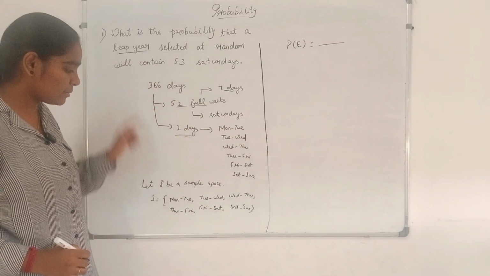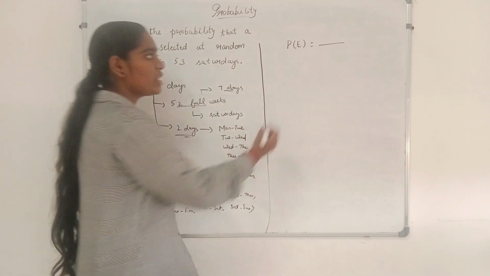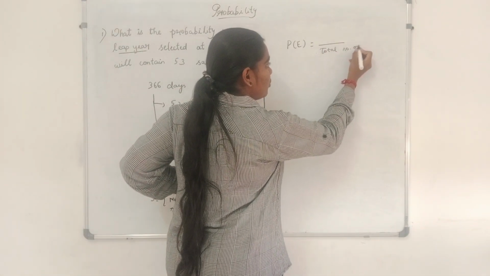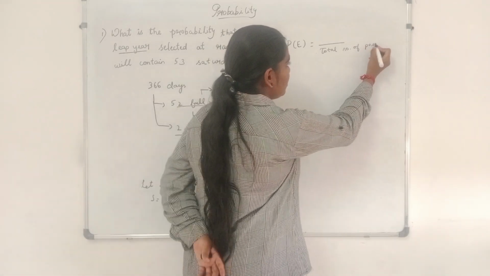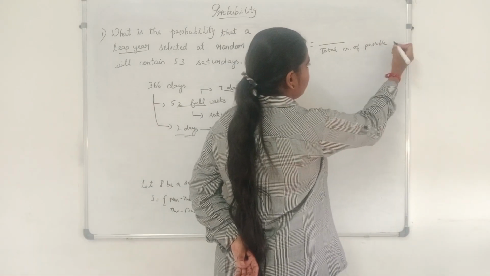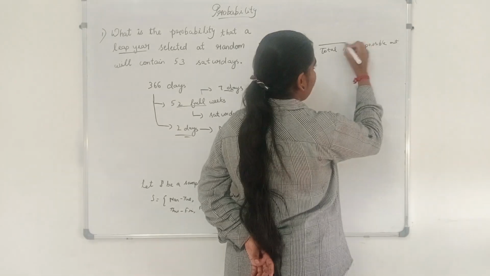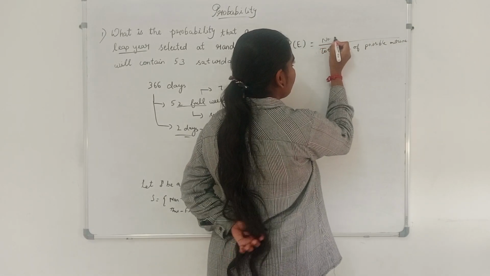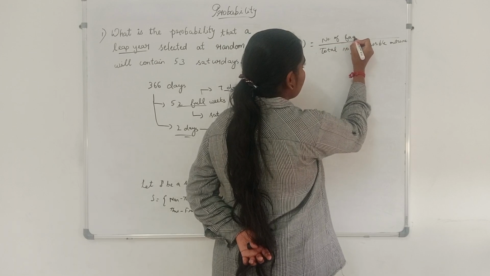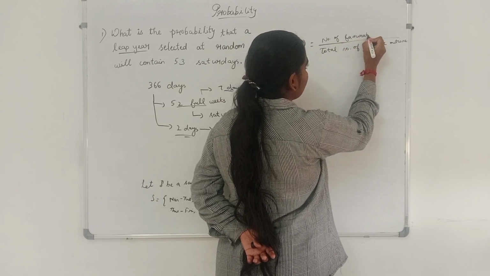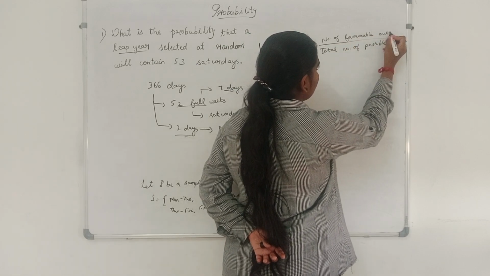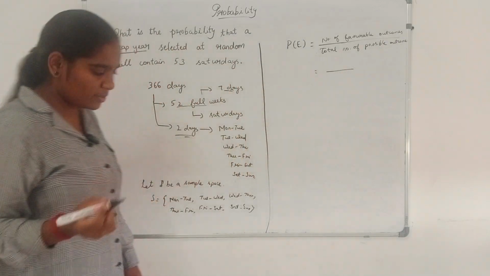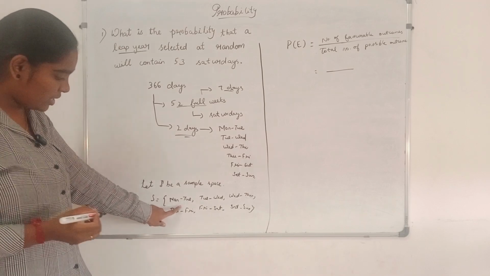In these 2 days, first of all, the total number of possible outcomes, and here the number of favorable outcomes. So total number of possible outcomes. How many outcomes are there?